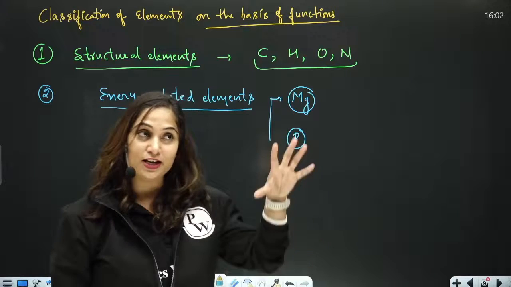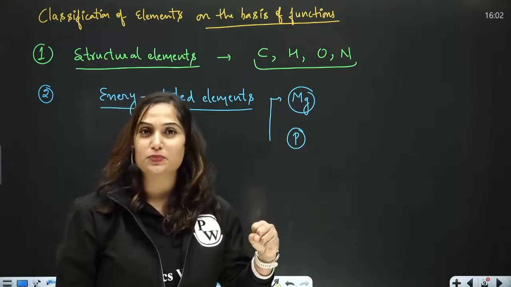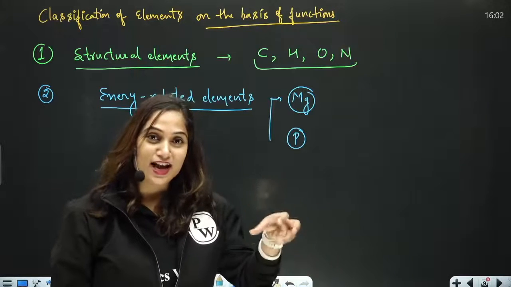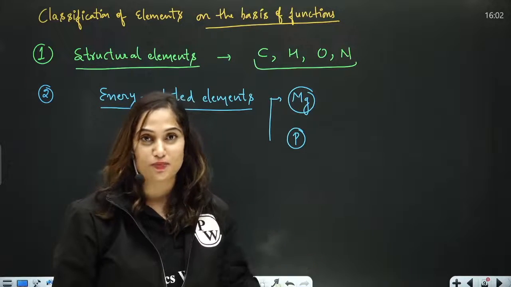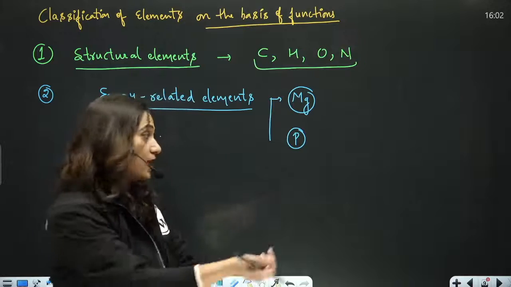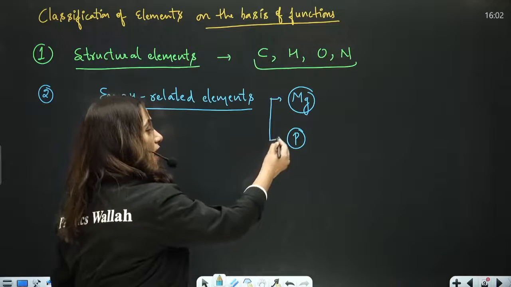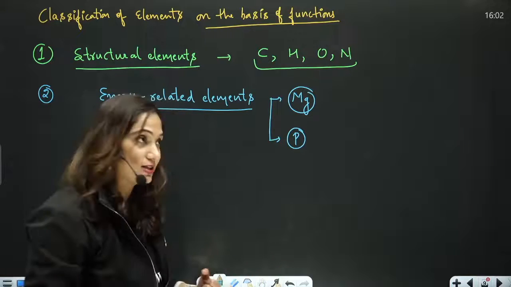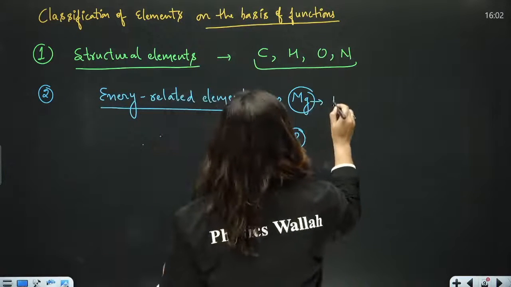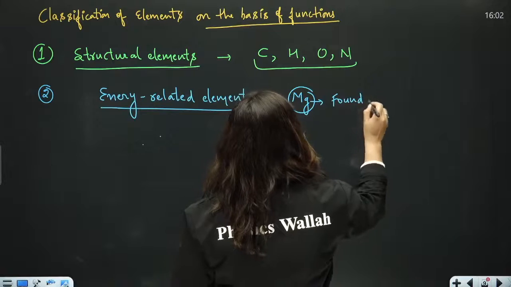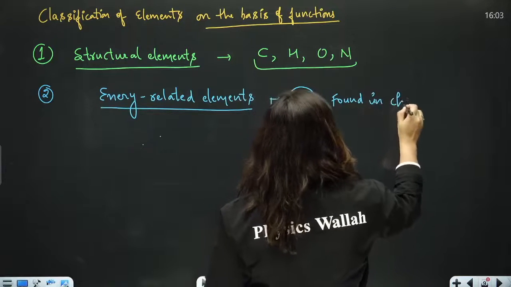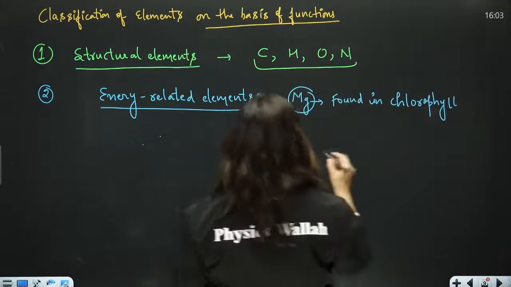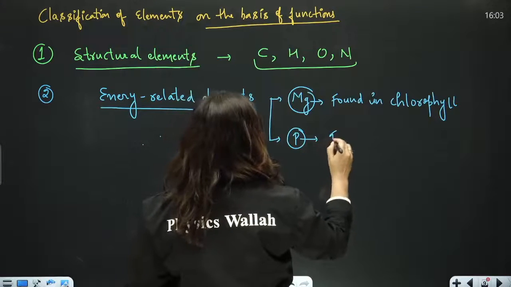And chlorophyll traps the light energy and helps in changing it into chemical energy, and inside the chlorophyll, magnesium is present. So magnesium and phosphorus are called energy related elements. Magnesium is found in chlorophyll, and phosphorus is found in ATP.